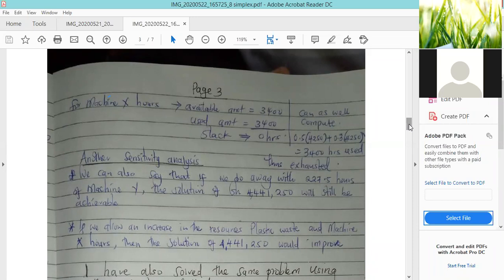You can say, if you want to increase, any amount would cost you how much in order to overcome that particular constraint. So that is the interpretation of the figures which are given as part of the solution as a computer output or a computer solution.